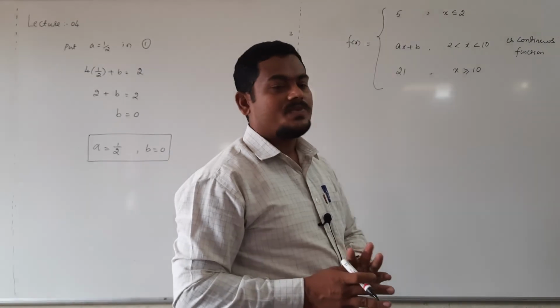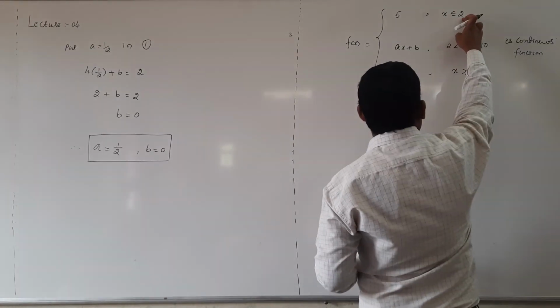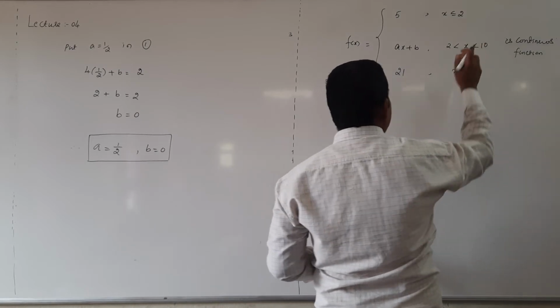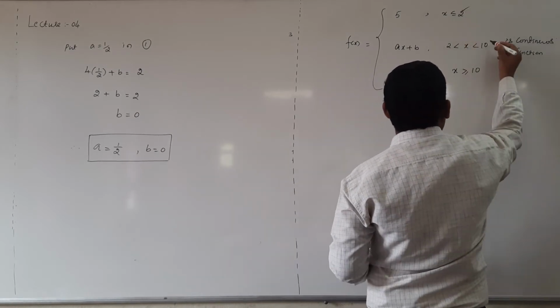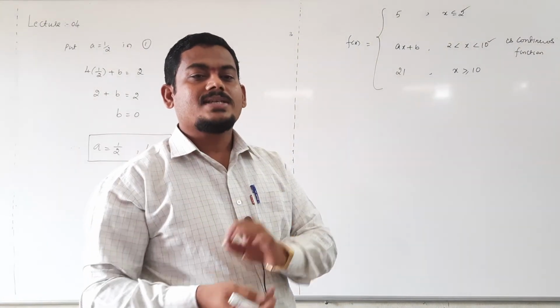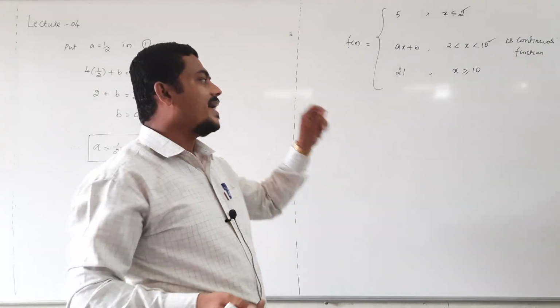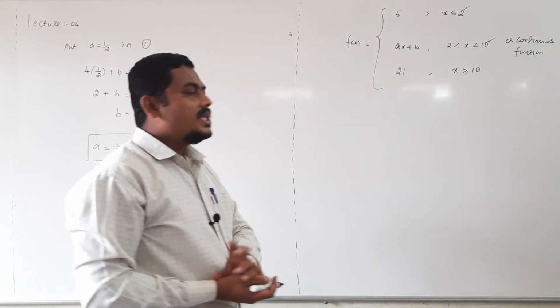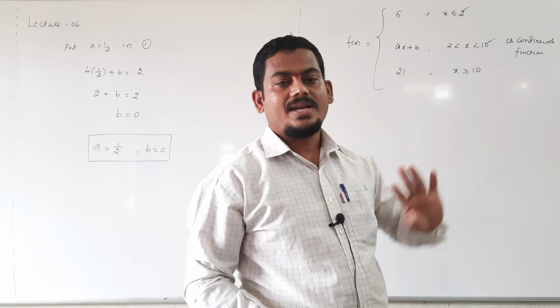Meaning it is continuous at 2 as well as continuous at 10. Indirectly, what they have given is continuous at x equal to 2 and continuous at x equal to 10. They have given two conditions. Using those two conditions, find a and b values.